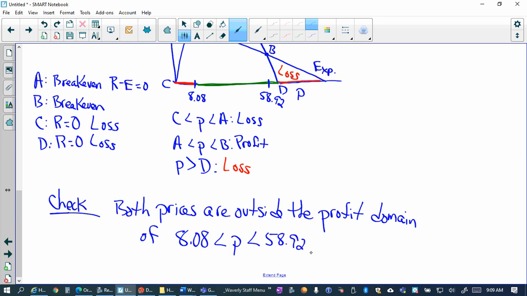Right, so I write the domain with the values of P or X. Okay? You're outside that domain, you've got a loss. Within there, you have profit.